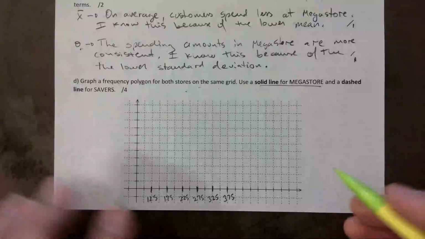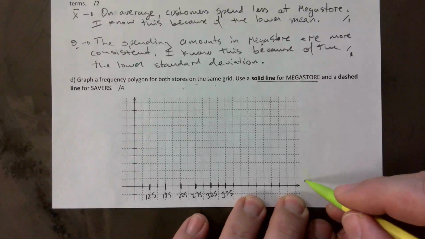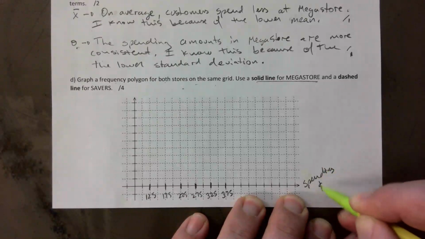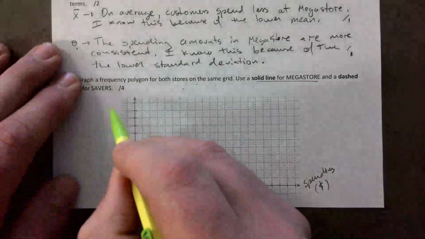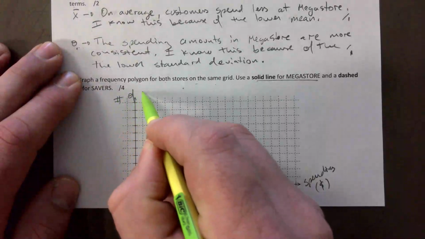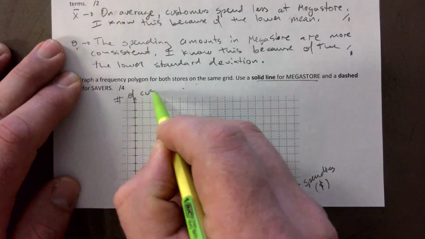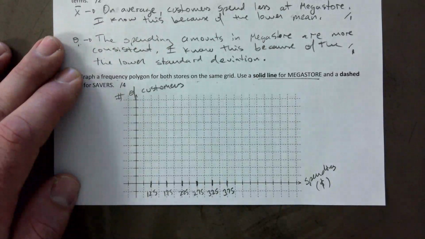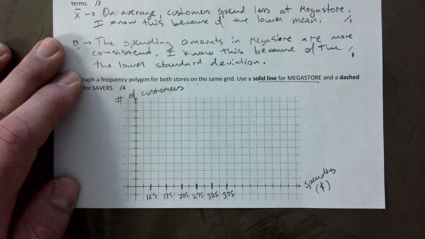Okay. So what is this? Spending in dollars. And this is number of buyers, customers, purchases, exactly. I need to go all the way up to, what's the highest number? 199? 199, so I'm going to go 200.